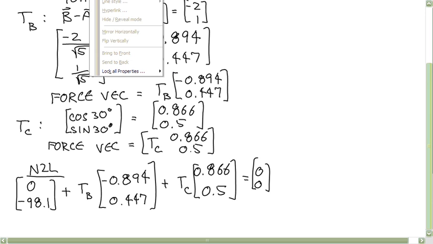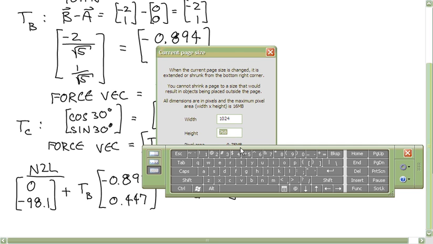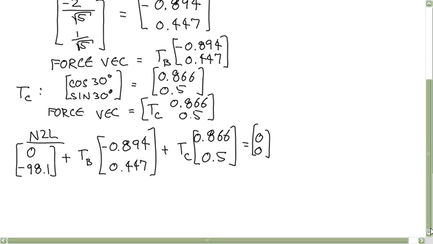I'm going to give myself a little more room. Okay, so that gives two equations.